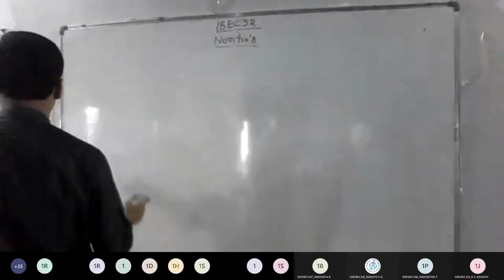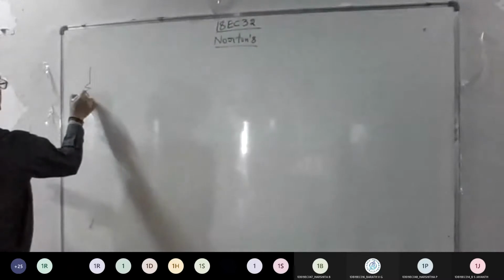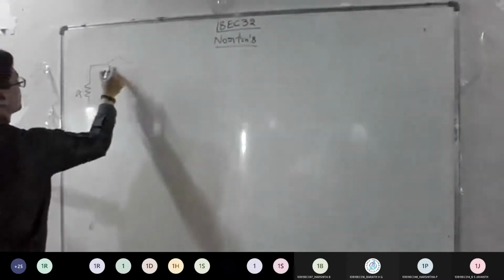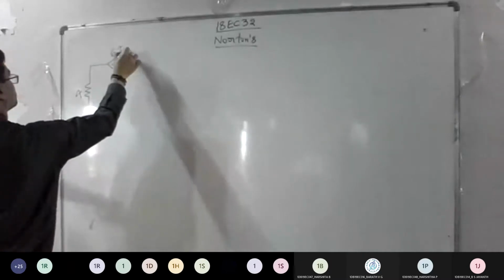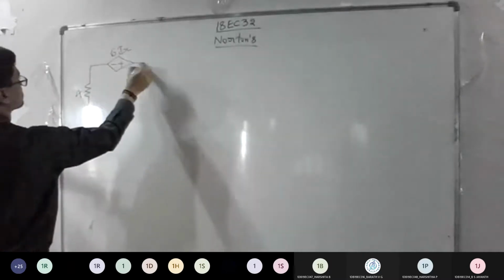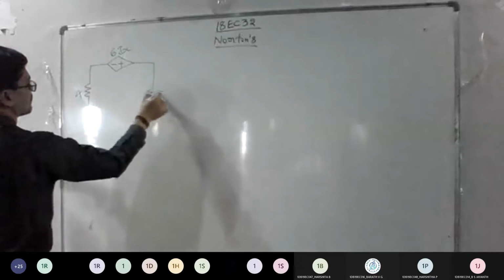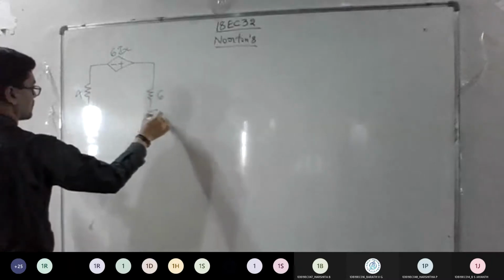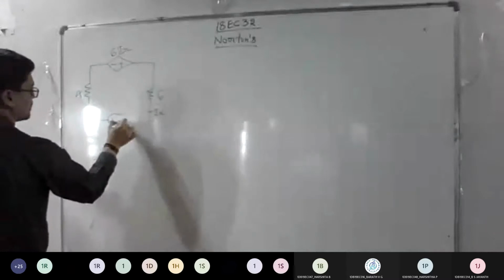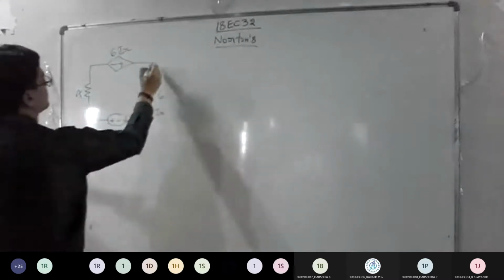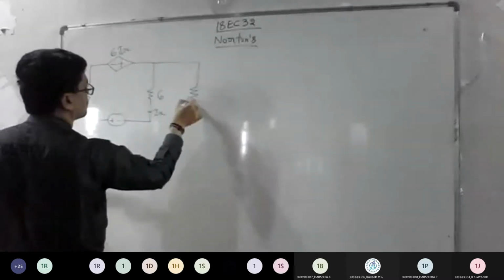Okay. So put on the network. They have given a network here. This is 4. A different source is given here. Whatever circuit they give, stick to the procedure here.